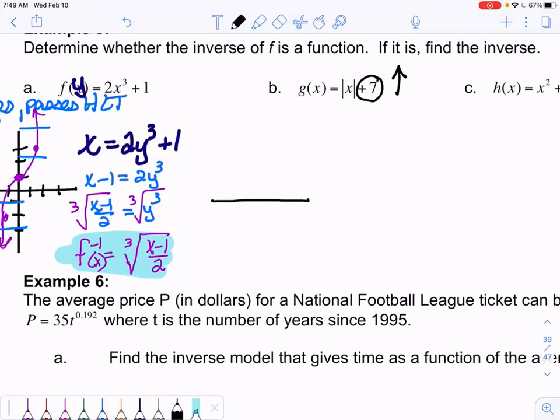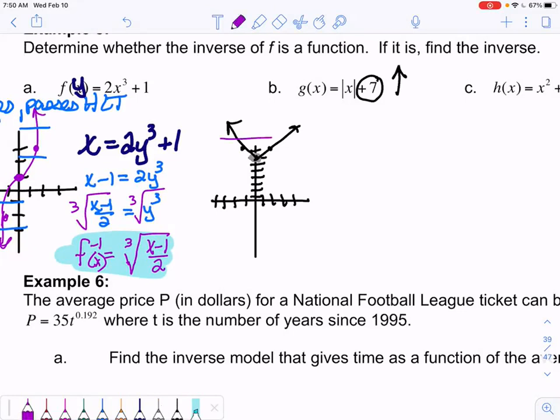So make yourself a little sketch. There we go. It has to move up 7. So it's going all the way up at 7, and then it's going to be a V. So from the value of 7, it makes a V. Brooke, does this graph pass the horizontal line test?